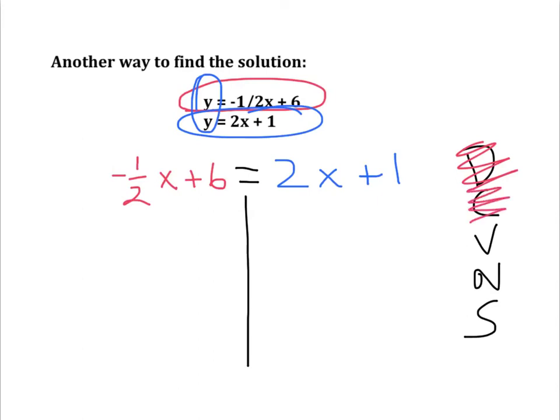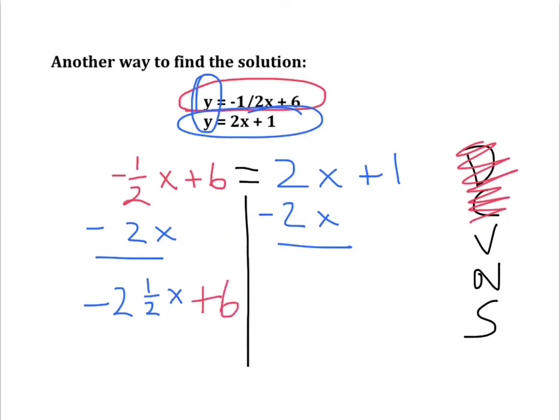So variables on left. Let's move the variables to the left. In order to do that, I need to subtract 2x from both sides. So if we're already at negative 1/2 x plus 6, and we take away another 2x, we're now going to be at negative 2.5x plus 6, and all that's going to be left is 1.